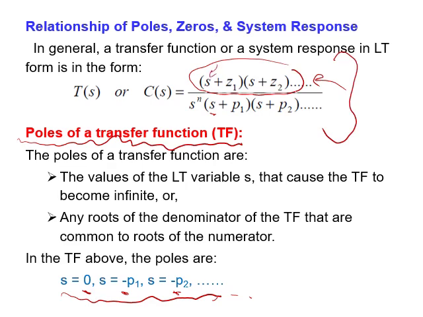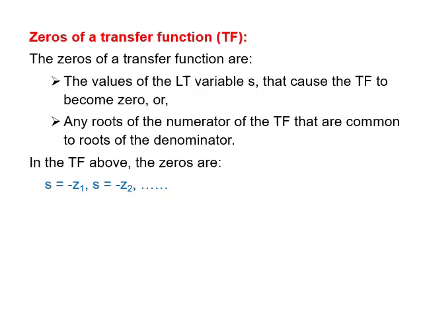Like s equal to minus z1 or s equal to minus z2. For that we call minus z1 and minus z2 the zeros of the transfer function. The zeros are at s equal to minus z1 or s equal to minus z2.